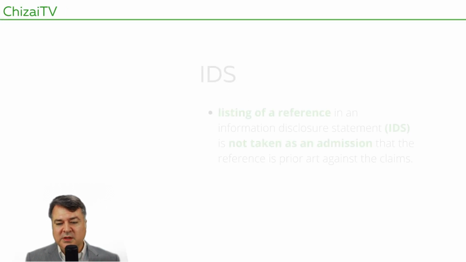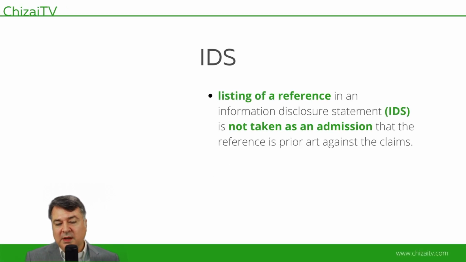Okay, so moving on, let's talk briefly about IDSs, information disclosure statements. As you know, in the United States, there is a duty to disclose. You have to send your references, or things that you know about or that anyone working on the case knows about, to the patent office. However, if you're just listing references in an IDS, that's not taken as an admission of prior art. But be careful, because there are some portions in an IDS where you can put comments in a little comment box.